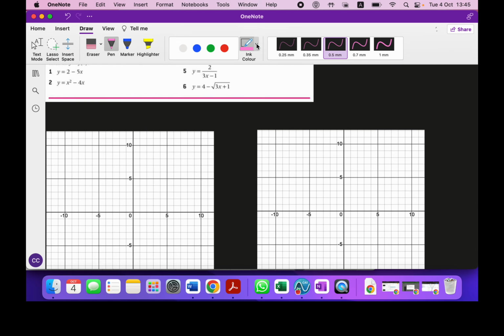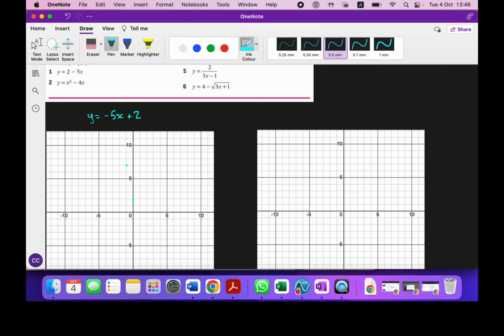So the first function we're looking at is y equals, I'm just going to rewrite this as negative 5x plus 2, really doesn't matter. Negative 5x plus 2, when I put in 0, it will be at 2. When I put in negative 1, it would be at 7.